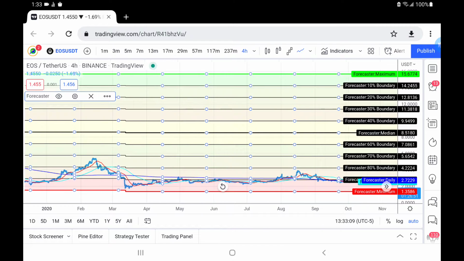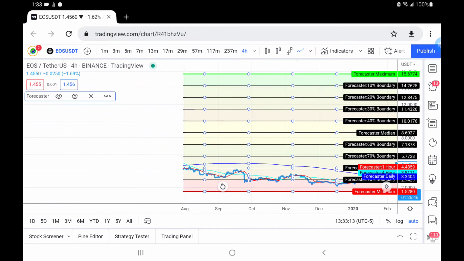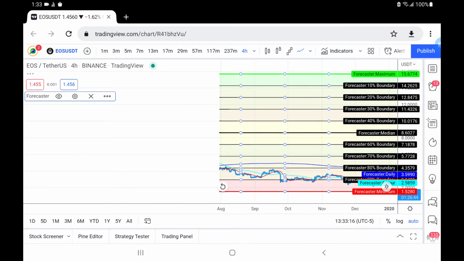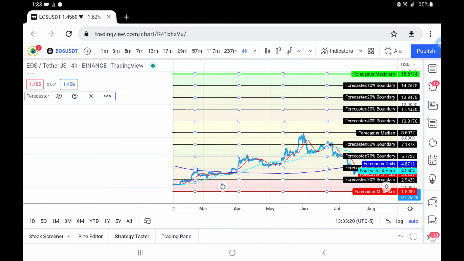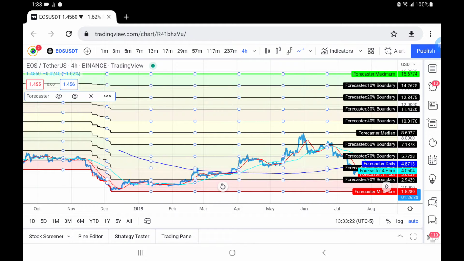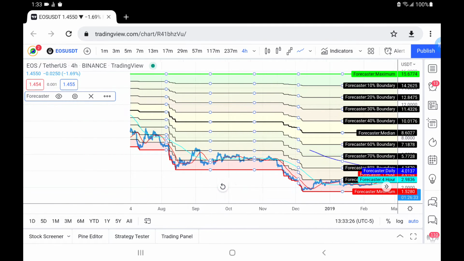Okay, we can see that this asset really has a very weak market. And I say that in context to the price action itself. And it's broken new lows quite frequently.